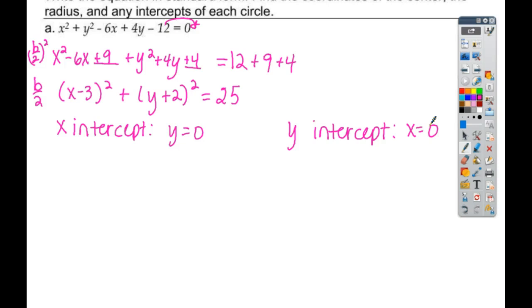So I get 2 squared, which is 4, right? So I'm going to have x minus 3 squared plus 4 is 21. Subtract the 4. Oh, wait, this is 25, sorry. I was subtracting in my head. So I'm going to subtract the 4.